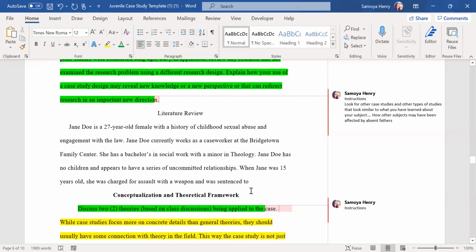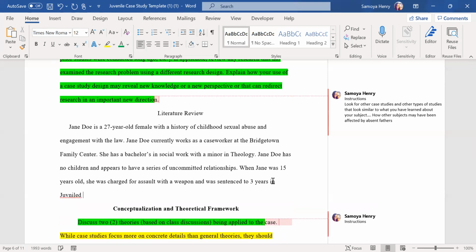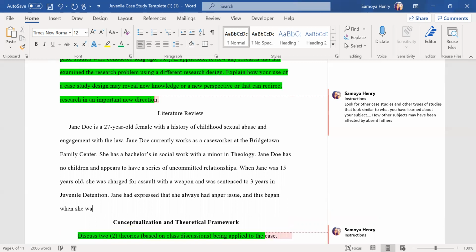She was 15 years old, sentenced to 3 years in juvenile detention. Jane had expressed that she always had issues. And this began when she was first sexually assaulted by her older cousin.